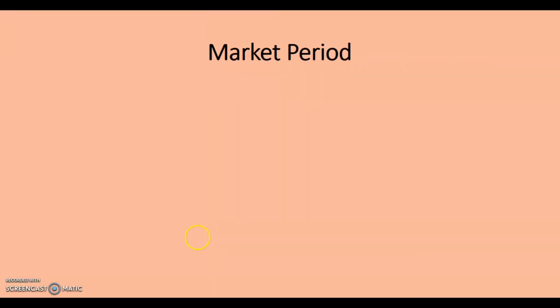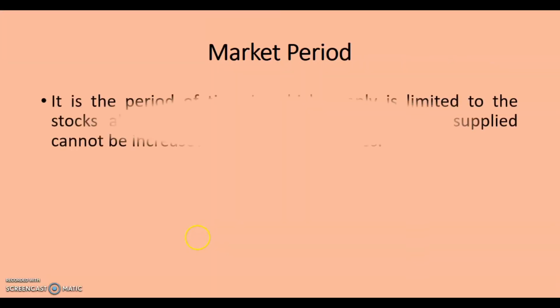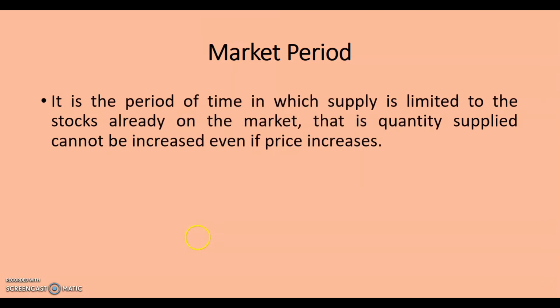So let's look at the market period. It is the period of time in which supply is limited to the stock already on the market. What am I saying? It is the period of time when your quantity supplied is limited, even if price is increasing.